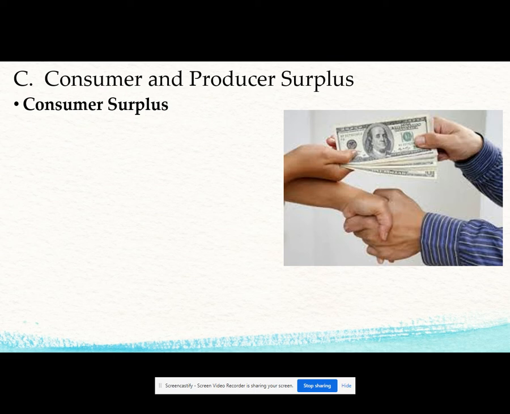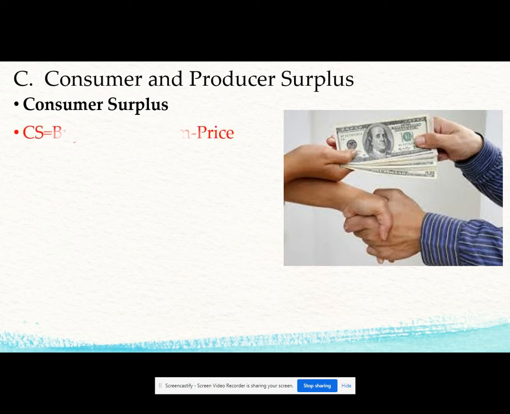It adds up to the additional satisfaction we get when we end up paying less for something than we were willing to.